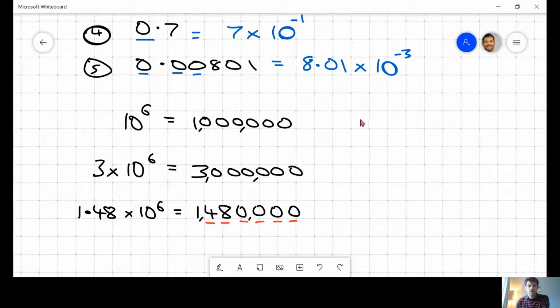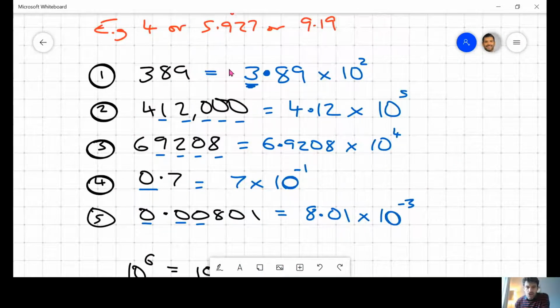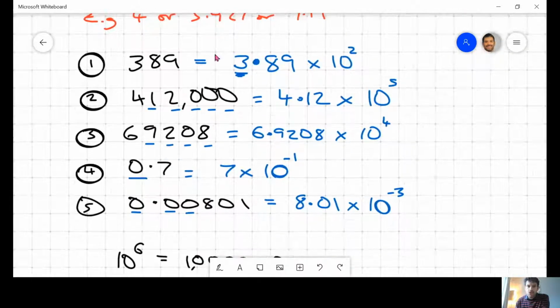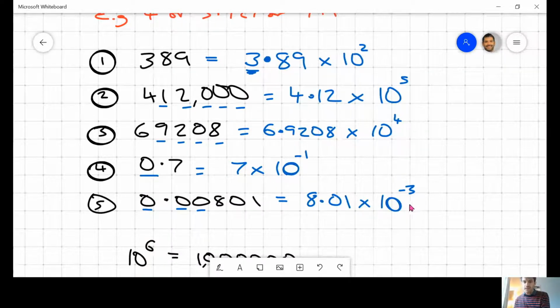Oh, just before I continue, I should have drawn your attention to these numbers. They are really easy to compare, because to begin with we can ignore this bit, 3.89, 4.12, 6 point, and just look at the tens. 10 squared is a lot smaller than 10 to the power 5. 10 to the power 4 is a bit smaller than 10 to the power 5 and a bit bigger than 10 squared. 10 to the -1 is much smaller, and 10 to the power -3 is smaller again.